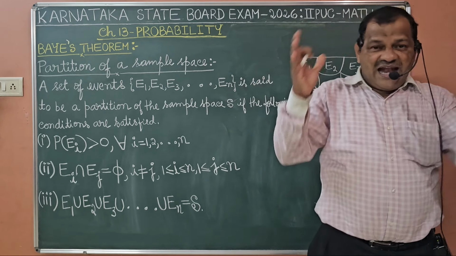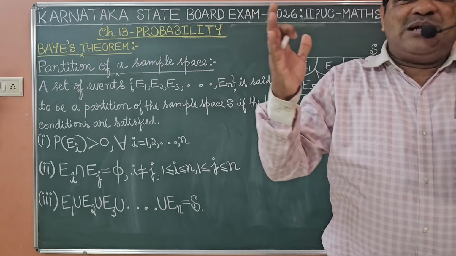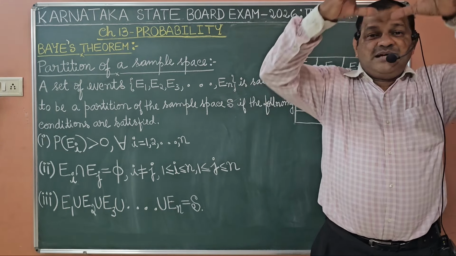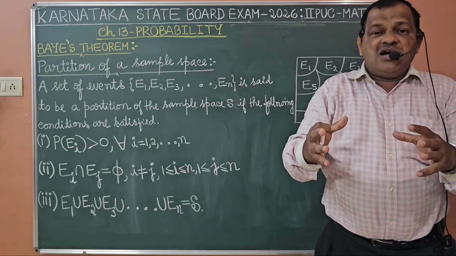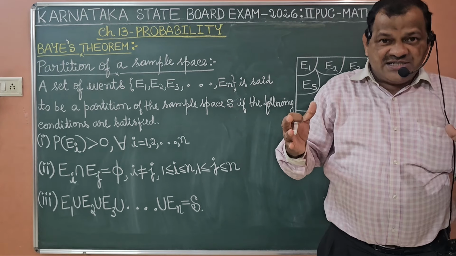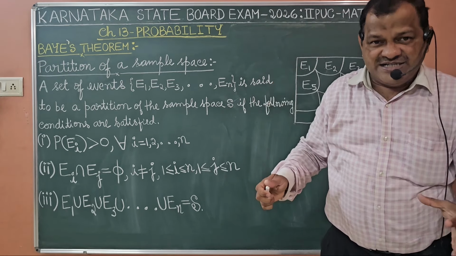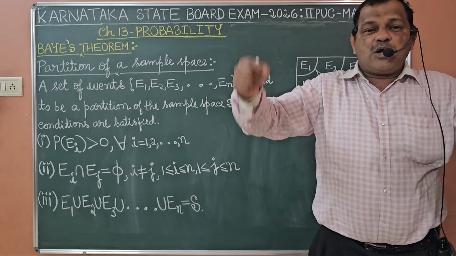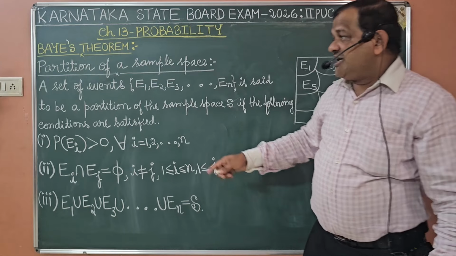Every random experiment has a sample space, and that sample space can be divided into a set of events. Assume n number of events, E1, E2, E3, and so on, En.